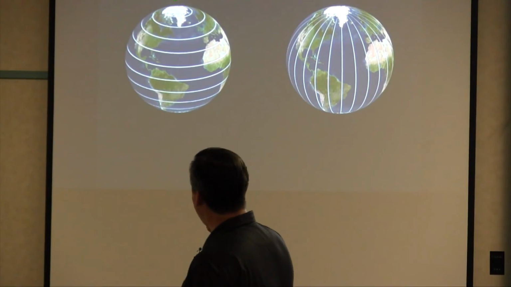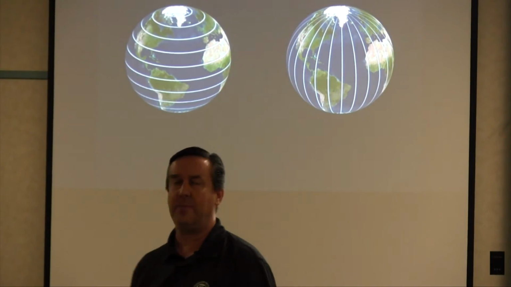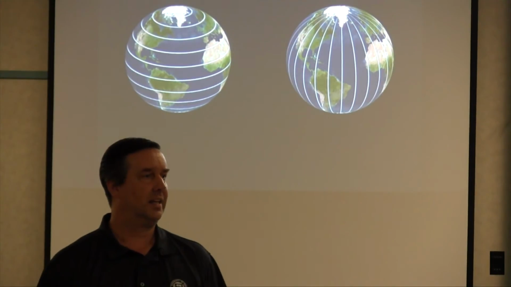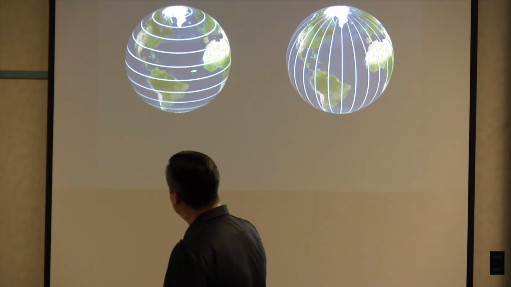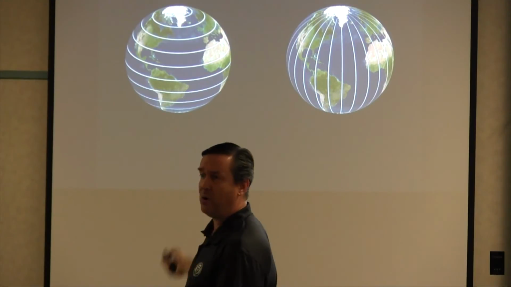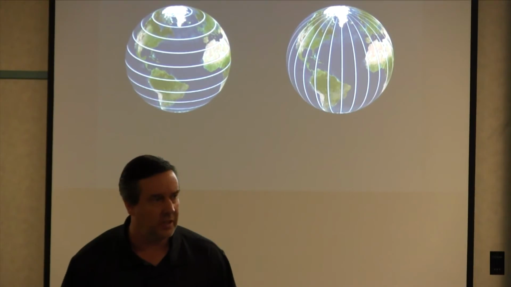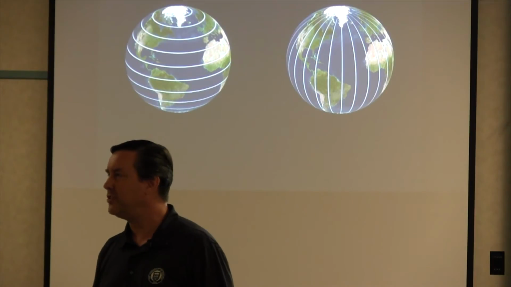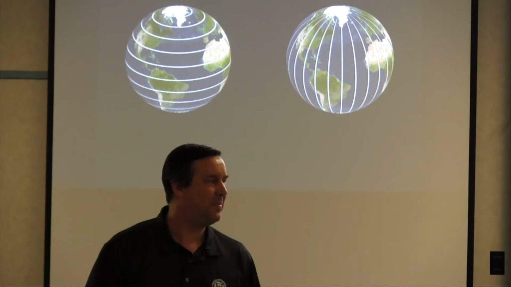Now, when we look at latitude going up and down, we have the circles going across here, and is every circle the same size? No. The one at the equator is larger than the ones near the poles. The size of the circle changes, and what trigonometric function does it change according to? Anybody know?